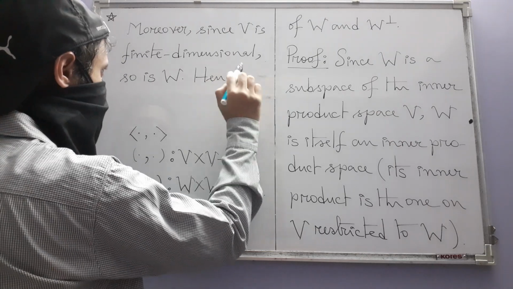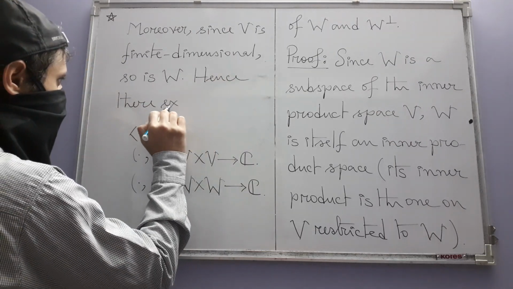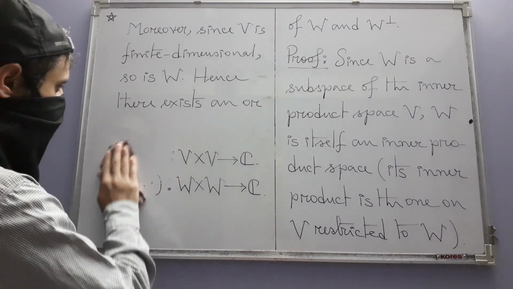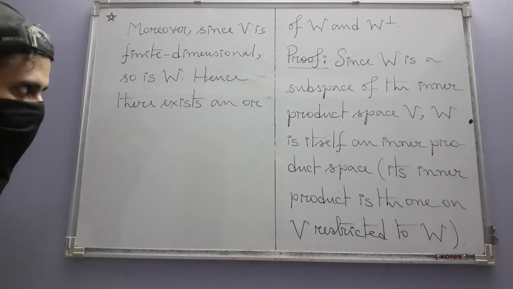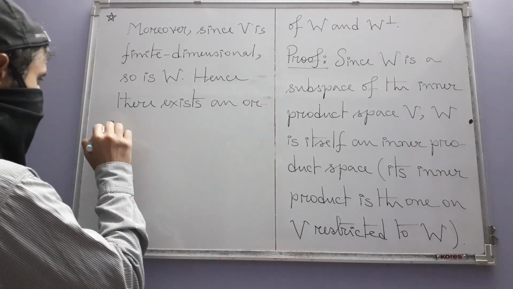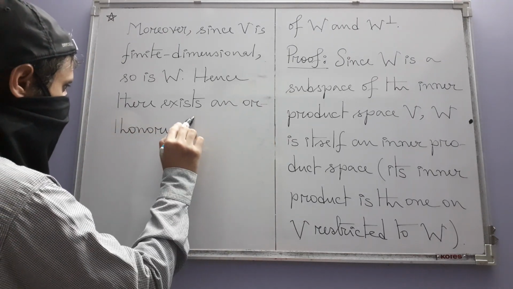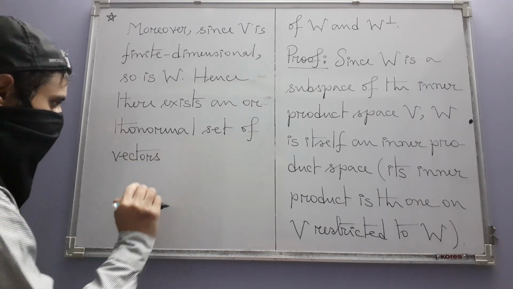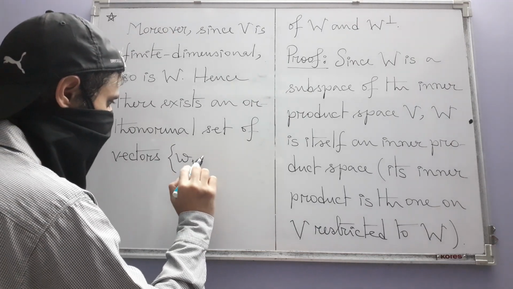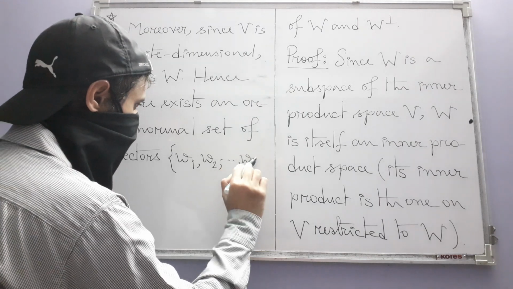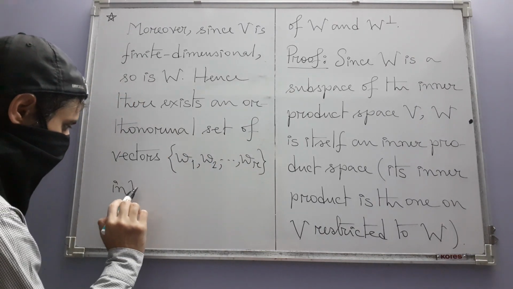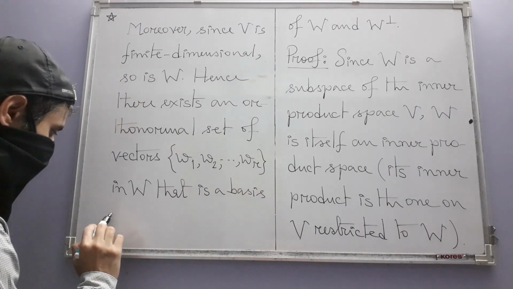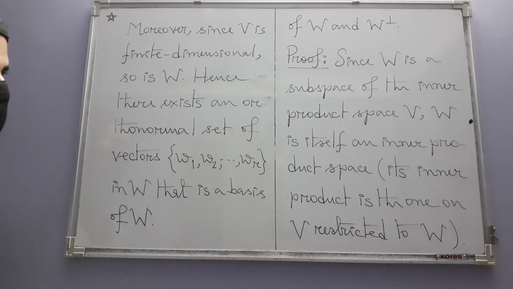Hence, there exists an orthonormal set of vectors in W that is a basis of W.